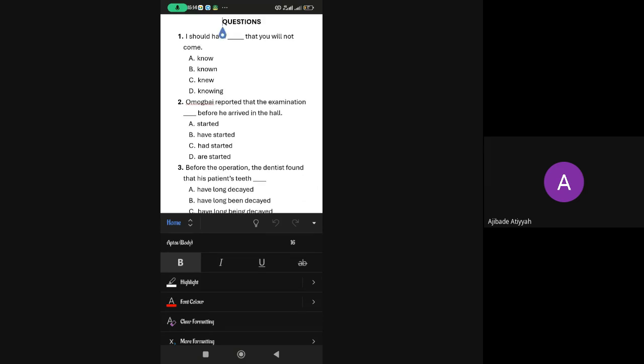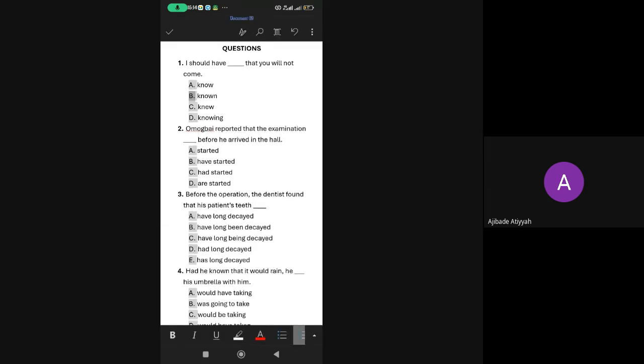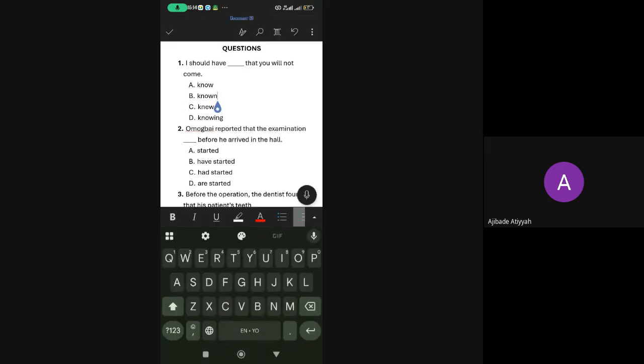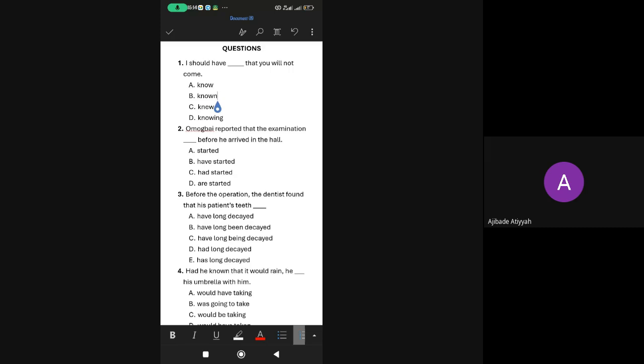So for option B, we have known. Now the next question: Omogbai reported that the examination dash before he arrived in the hall. A, started. B, have started.